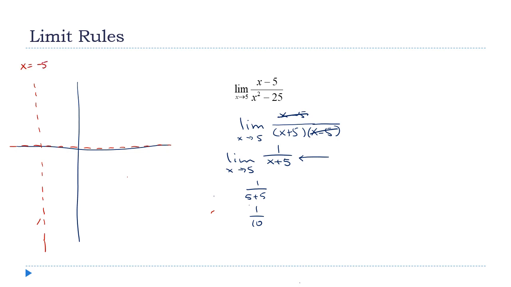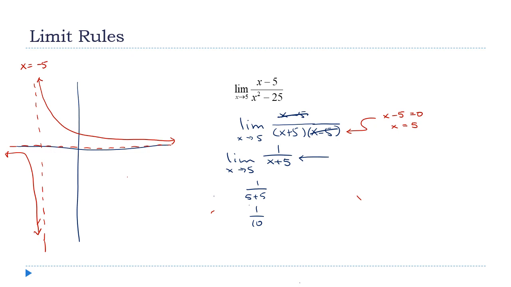And the function itself is a very basic hyperbola kind of shape, except you have to remember this factor that we canceled out. The function is undefined there. So it's undefined when x minus 5 equals 0, or when x equals 5.